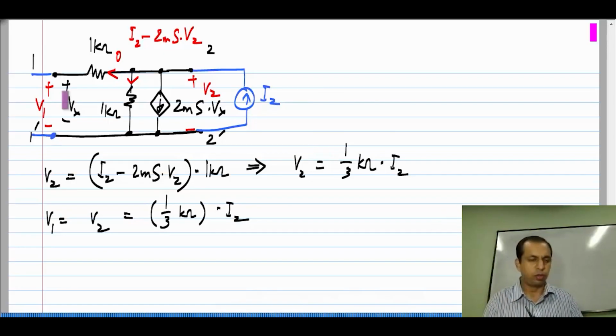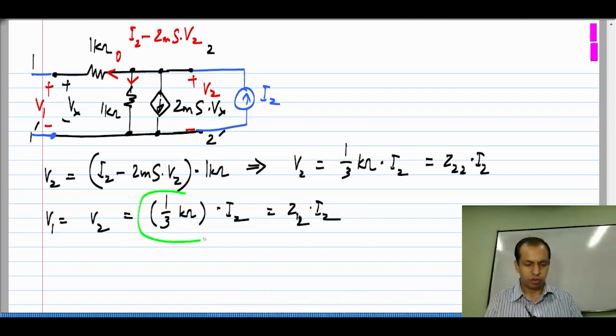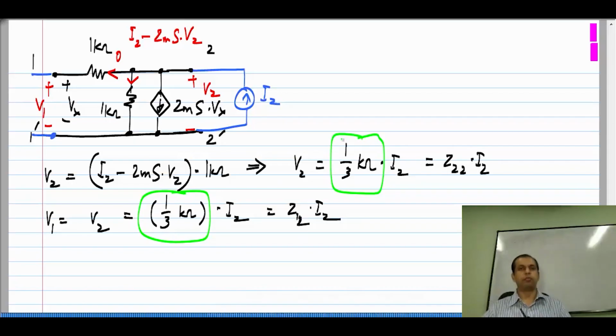And we know that with port 1 open circuited, V2 is nothing but Z22 I2 and V1 is nothing but Z12 I2. So, this is Z12 and that is Z22.